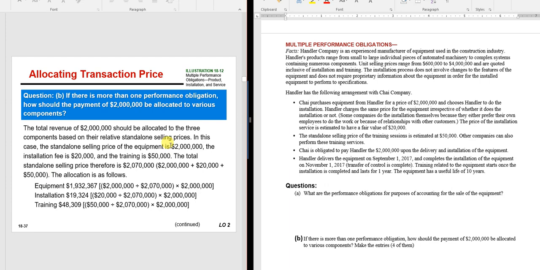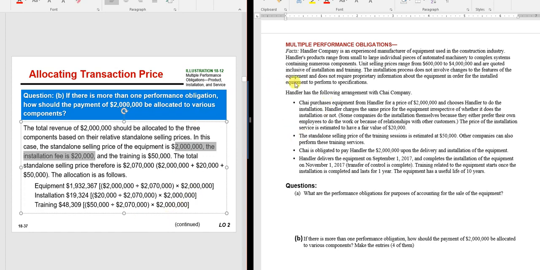In this particular one, the one thing that I think is a little bit tricky that you may argue with, you may want to put this at $1,980,000 because it includes the $20,000. But remember, you have to pay $2 million for the equipment, and you can decide not to use the installation. So the equipment still has $2 million. So we're paying basically $2 million to get something worth $2,070,000.